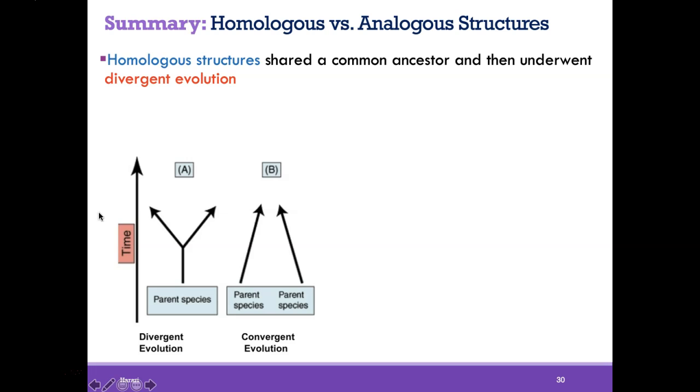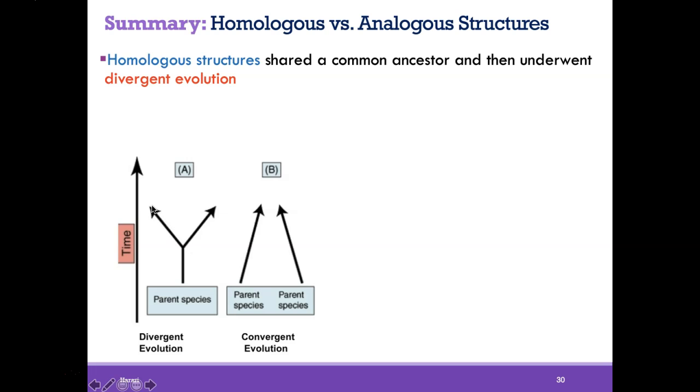So to summarize, homologous structures share a common ancestor and a common developmental pathway, but then underwent divergent evolution. We said, for example, whales shared a common ancestor with humans. We're both mammals. But because of the marine environment of a whale, they underwent different skeletal adaptations.